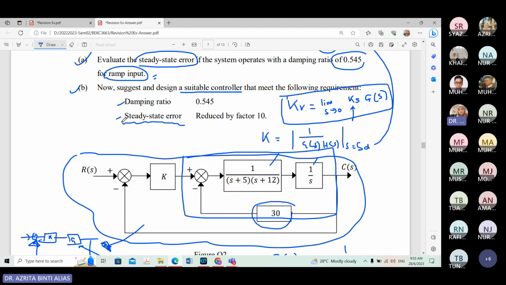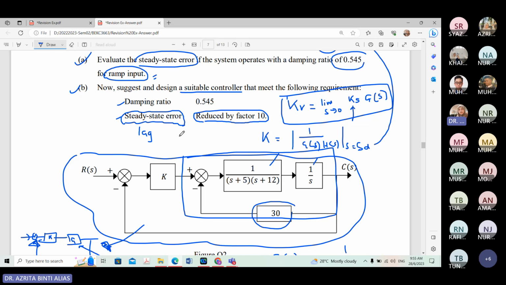Since the requirement is on the steady state error, we will choose the lag compensator. Why don't we choose PI? Since PI always wants to eliminate the ESS to become zero. But for this question, they ask us just to reduce the ESS by a factor of 10.